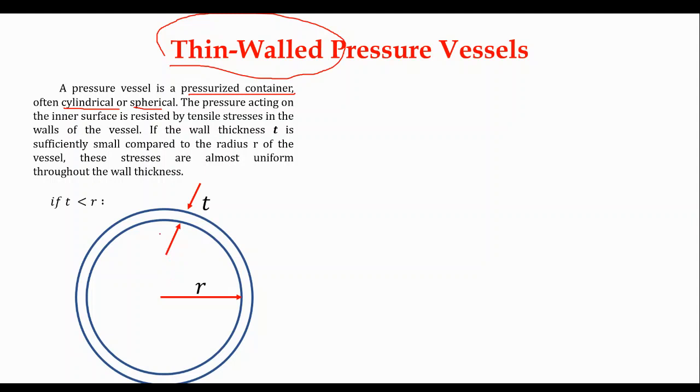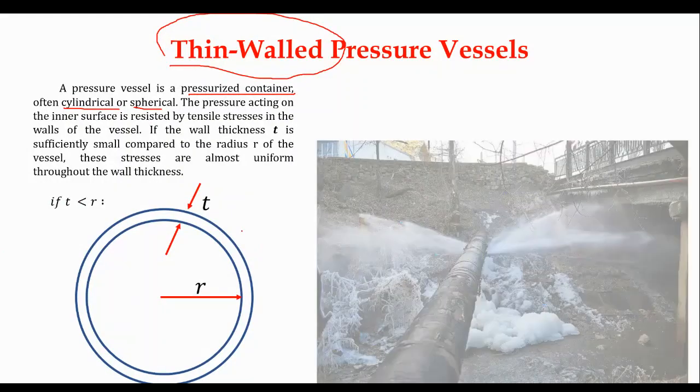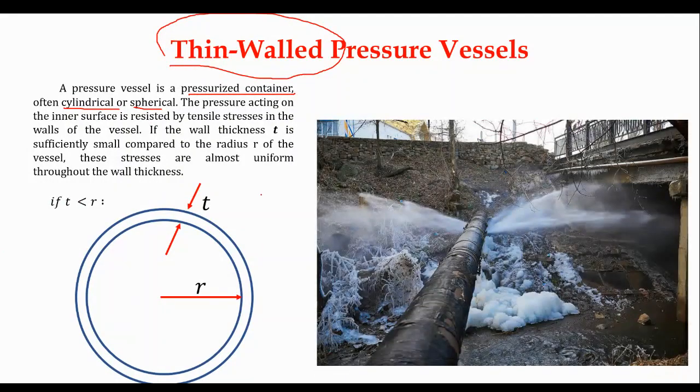Okay, basta timanan nato if ang thickness sa material is way lower than the radius of the material, then this is analyzed as thin-walled pressure vessels. So, ani guys, di ba? Pag pressurized ang sulod sa imong pipes, pressure goods. So, kailangan jud na niya mogawas.